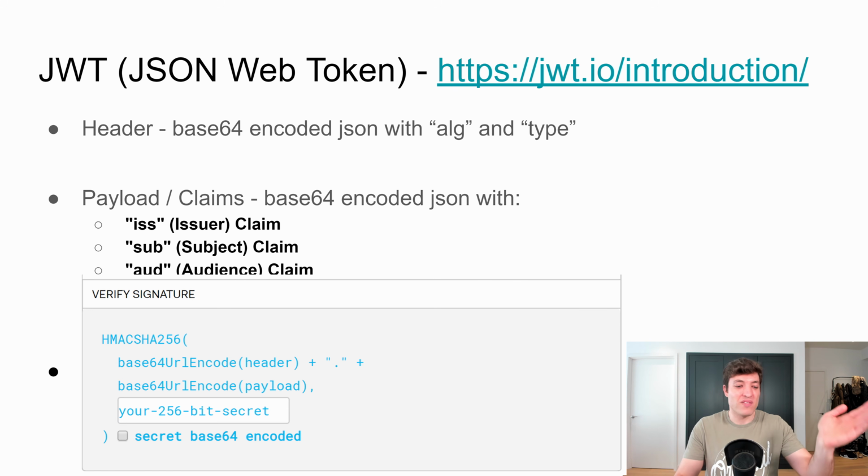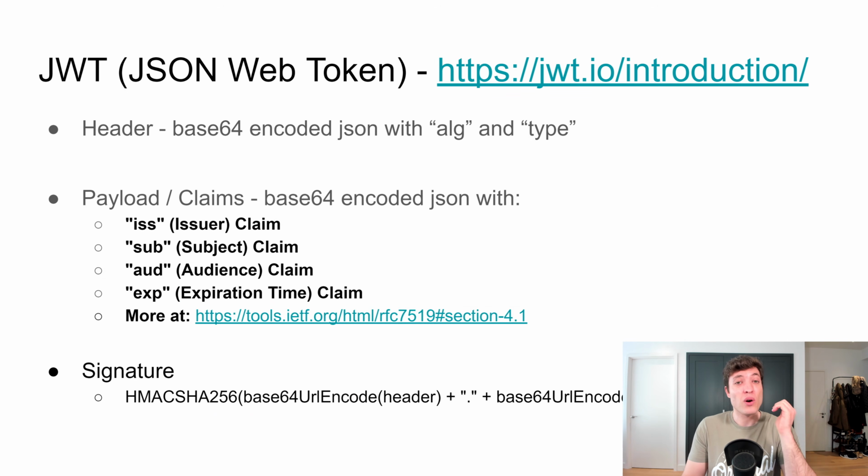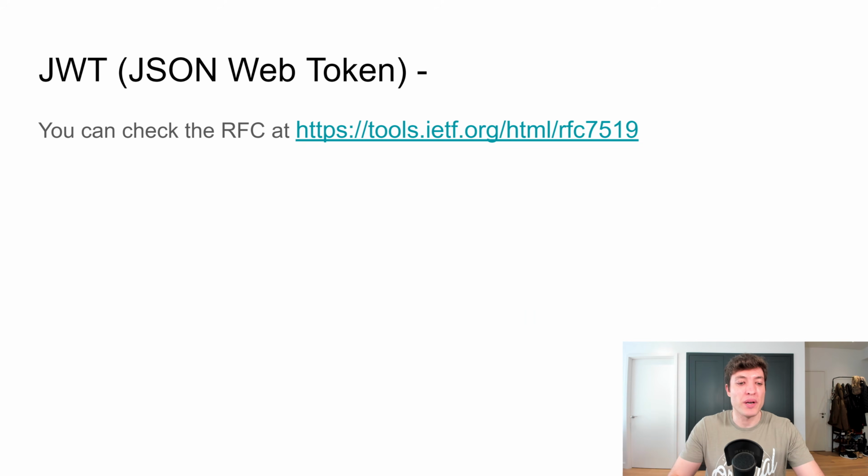In this one, we have HMAC SHA256, which is just a hashing algorithm using a secret, okay? And basically, we will base64 encode the header and base64 encode the payload, okay? And then this signature will be appended at the end of our JWT token, okay?